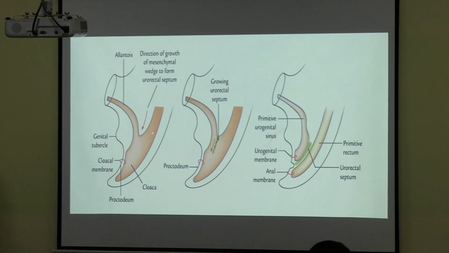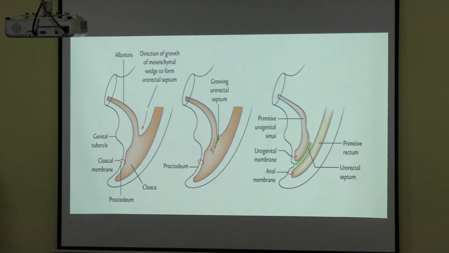Here you can see, this is your allantois, which is ultimately open into your umbilical region. This allantois is dividing your hindgut into two parts. This is the pre-allantoic part and this is the post-allantoic part. From here, in this region, we can see the development of urorectal septum.